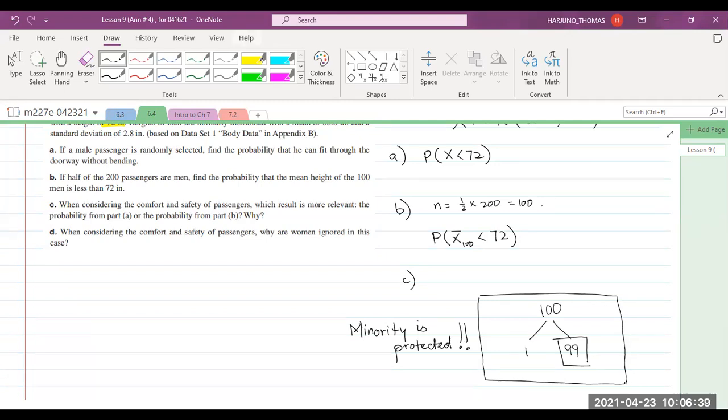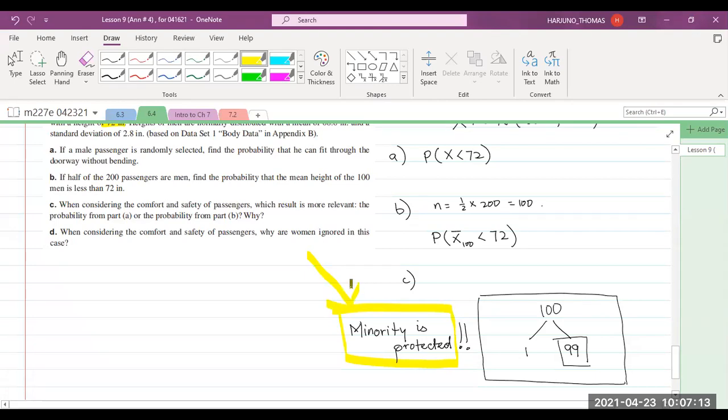Now this becomes the hope for people who come to America, because our form of government is republicanism, where minority is protected. The majority, of course, rules, but it is the law that protects the minority such that the majority does not put too much burden on the minority unreasonably.